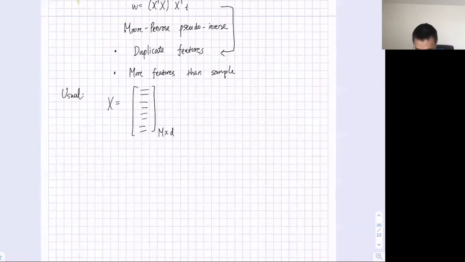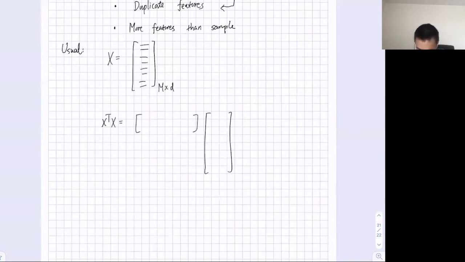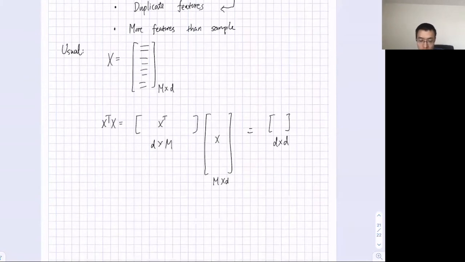So it's a tall matrix, M times D, or D plus 1, I just omit the plus 1. Then X transpose X gives you a fat matrix times a tall matrix. This is X transpose, which is D times M, and this is X, which is M by D, and eventually it will give you a small square matrix, D by D. If you don't have duplicate features, then in the usual case, it's highly unlikely that it's non-invertible.